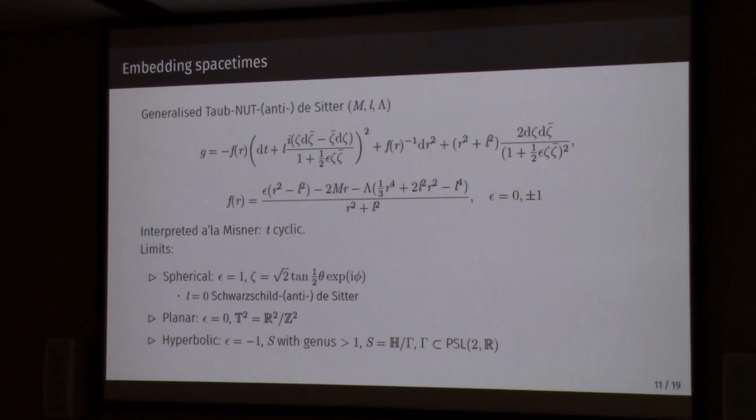And it's a slight generalization of the Footsheet metric. So if you take the spherical case of epsilon being 1 and make this transformation, you get either Taub-NUT, or Footsheet with an oscillation constant. And of course, we have to interpret those spacetimes a la Misner.